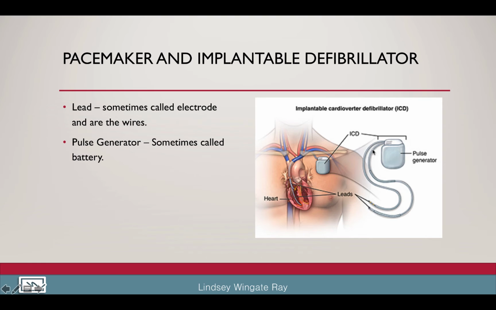So lead equals electrode. Remember that, write that in this section. A pulse generator is the battery. It's the battery that controls the rest of the system, and it's usually implanted in your chest area. So lead equals electrode or wires, and pulse generator equals battery.